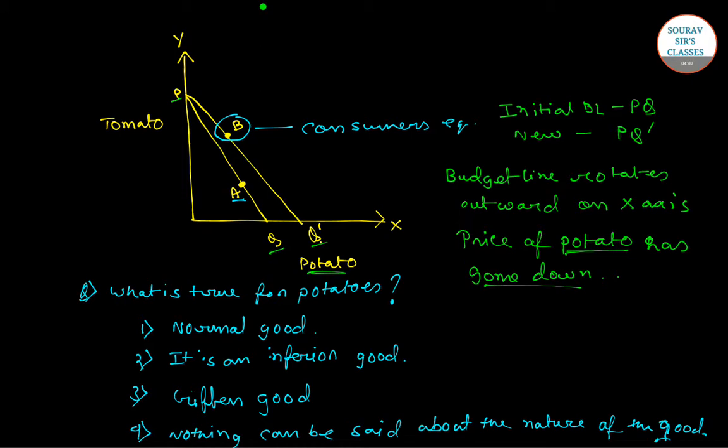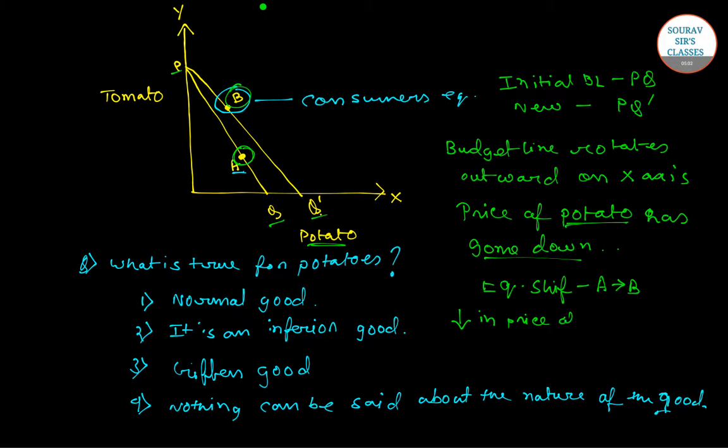Now the equilibrium shifts from A to B, which is what we see after a decrease in the price of potato.